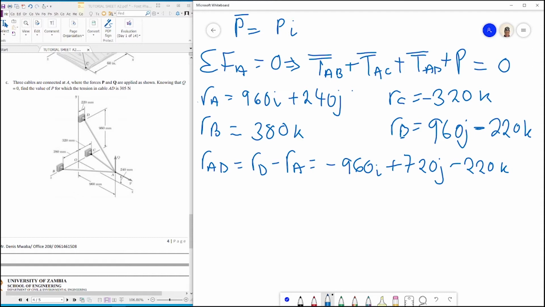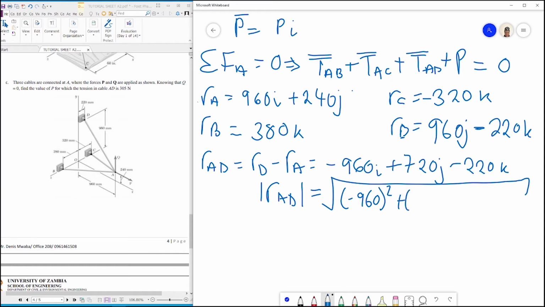With this I can find the magnitude of this one. So the magnitude of AD, RAD, is equal to the square root of minus 960 squared plus 720 squared plus minus 220 squared.